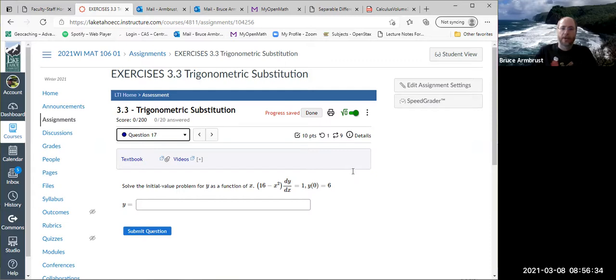But this is the one where we want to divide by the 16 minus x squared, because then we got our y prime equals, right? To get our y prime, we just have to do the integral. So it's going to be an integral of 1 over 16 minus x squared. And there are actually multiple ways of doing it. I would actually recommend using partial fractions instead of trig sub, but that's totally on you.